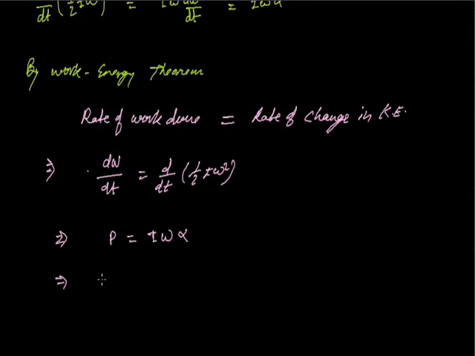Since the power is also given by torque times omega, we have tau omega equals I omega alpha, and finally it gives torque is equal to I alpha.